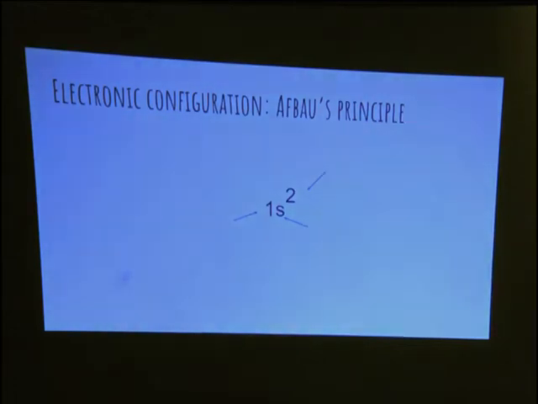Okay. We already know that electronic configuration can be written following Aufbau's principle. So this is what the electronic configuration of an atom looks like using Aufbau's principle. So what does this number 1 stand for in this electronic configuration? It stands for main energy shell or orbit. It is also called the principal quantum number, and it is represented by letter n.